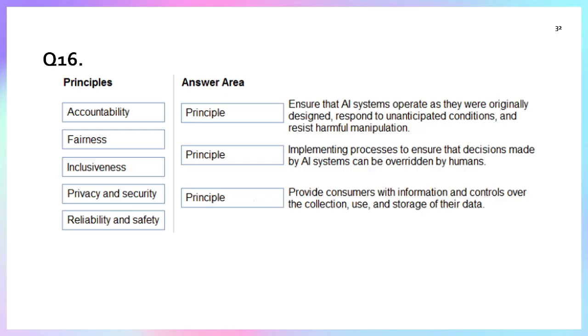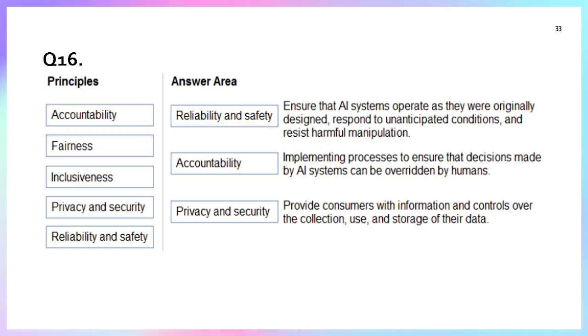That is accountability, because accountability is about who is accountable. And providing the customer with information and control over the collection, usage and storage of their data is related to privacy and security. So the first is reliability and safety, the second is accountability, the third is privacy and security.